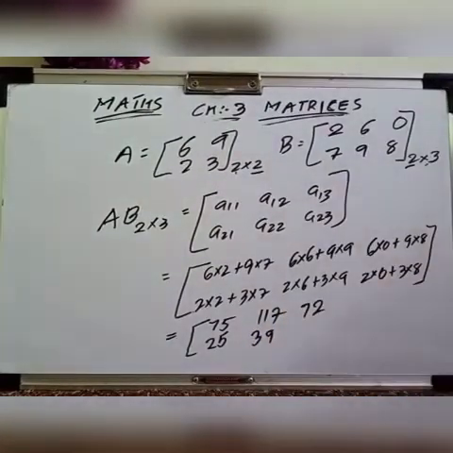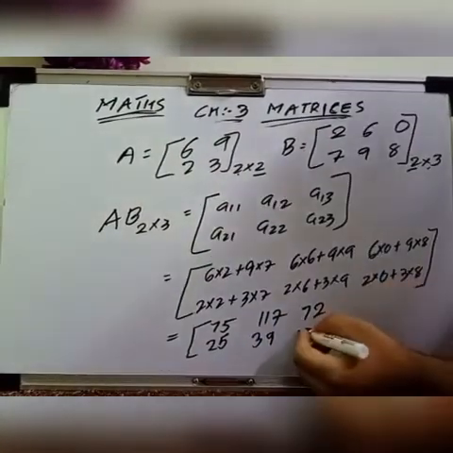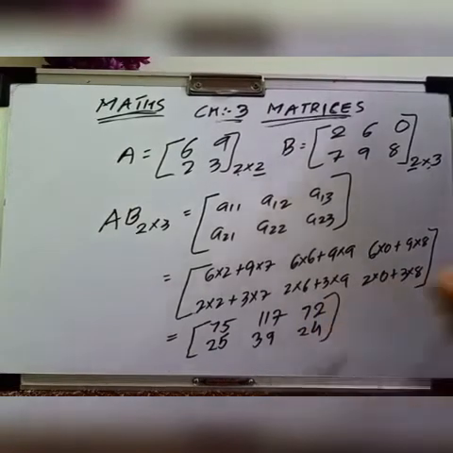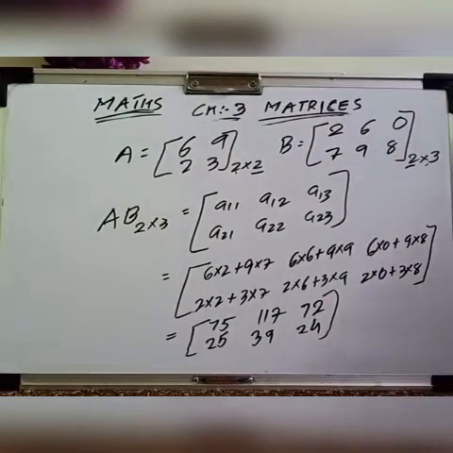And 2 zeros are 0 plus 24 will give me 24. So this is how we carry out our multiplication.